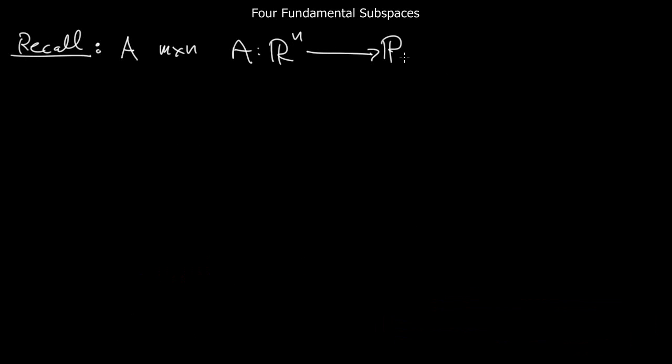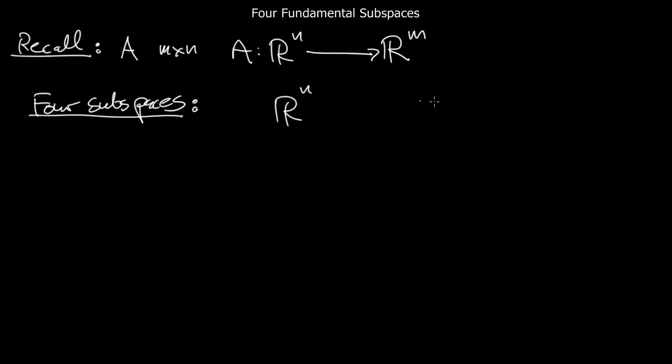Okay. Now, I want to jump back a few weeks and go back to the business about the four fundamental subspaces. So you have an m by n matrix A, which gives you a mapping from Rn to Rm. Remember, we talked about these four basic subspaces associated with A. I'm thinking of A as being a map from Rn to Rm, and A transpose is going the other way.